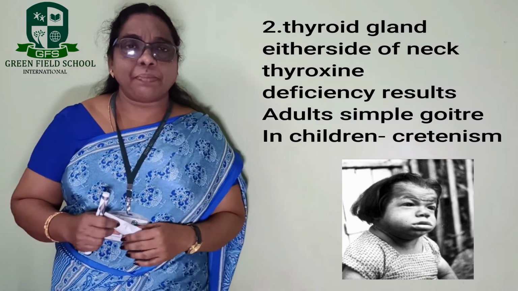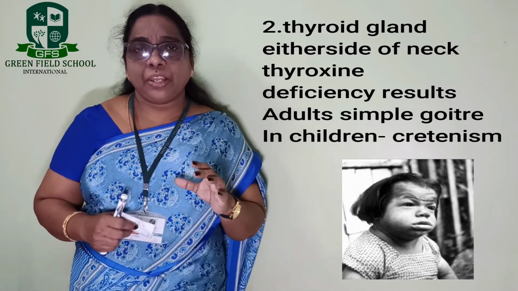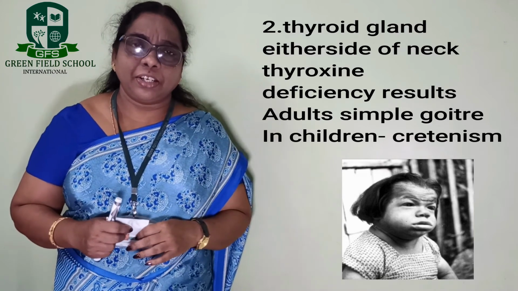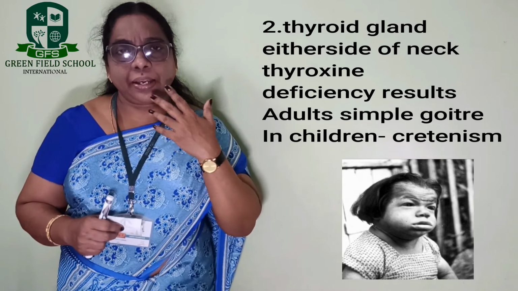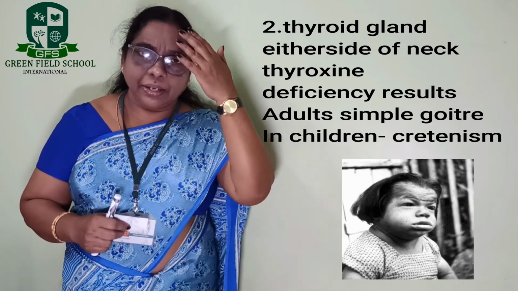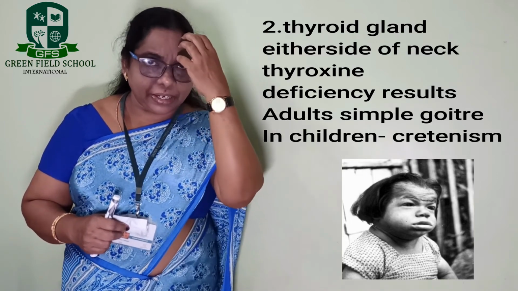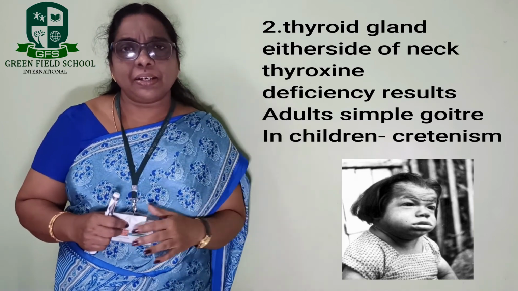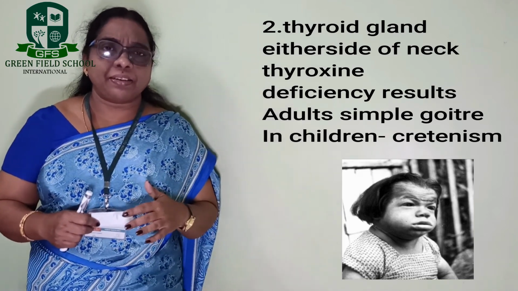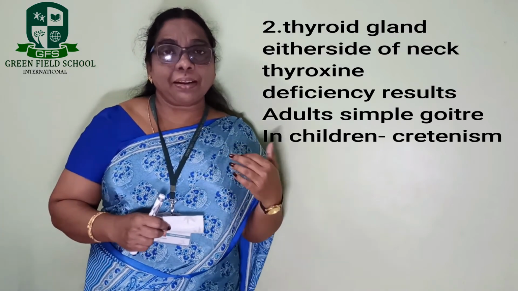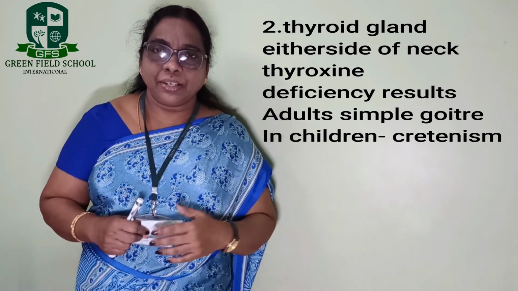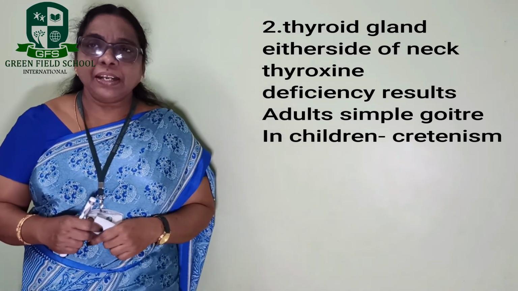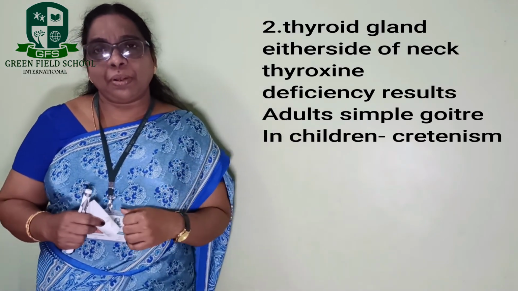It results in mental retardation and improper growth in children. The forehead protrudes and comes forward, and there are hare lips. All these abnormal features are because of the deficiency of the thyroxine hormone in small children. Children, that is about the thyroid gland.